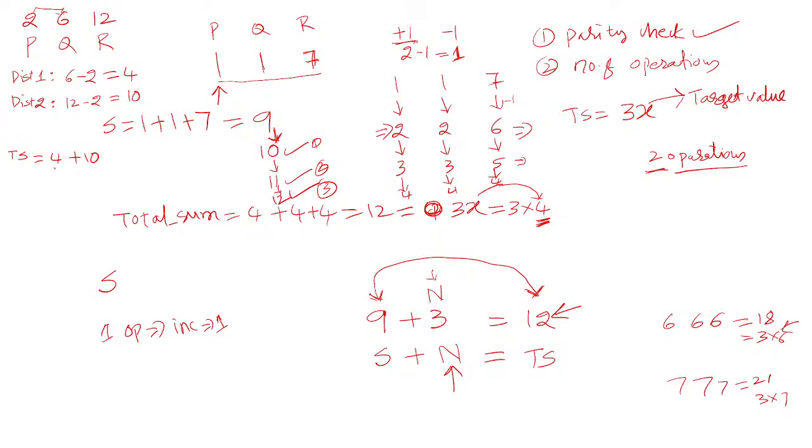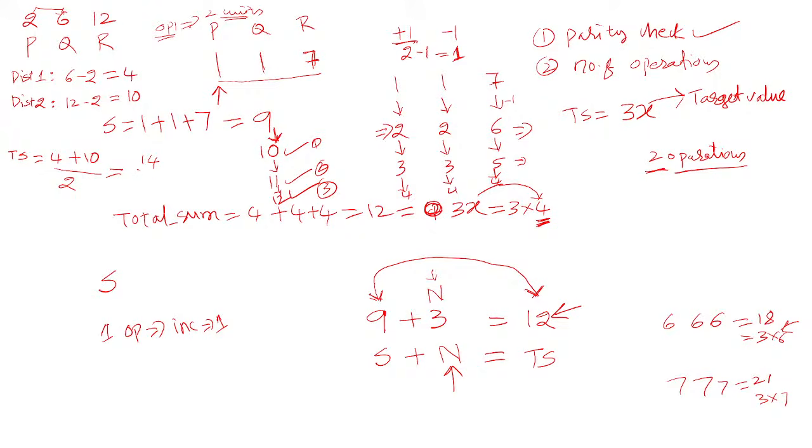Then divide this total distance by 2, I take the average of these two. So why 2 here? Because in each operation you are reducing the distance by 2 units. If the total distance is 14 units, in one operation you are reducing 2 units of distance.